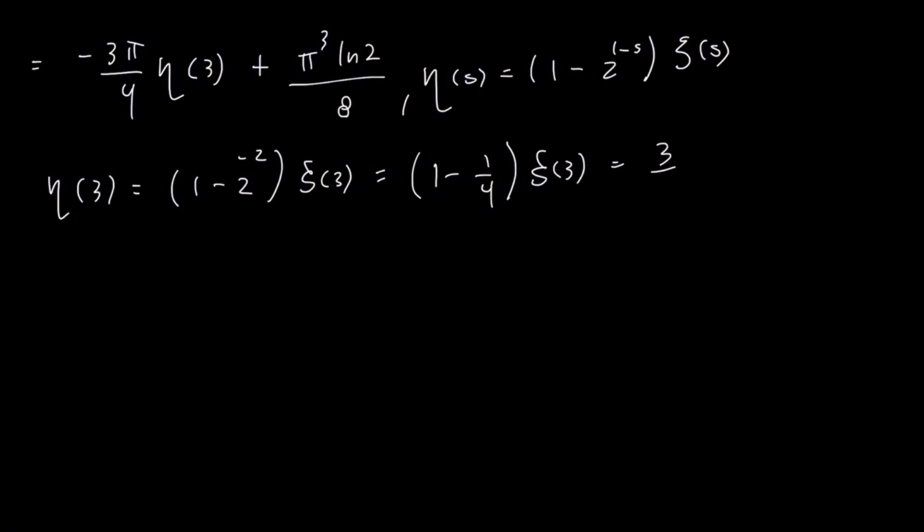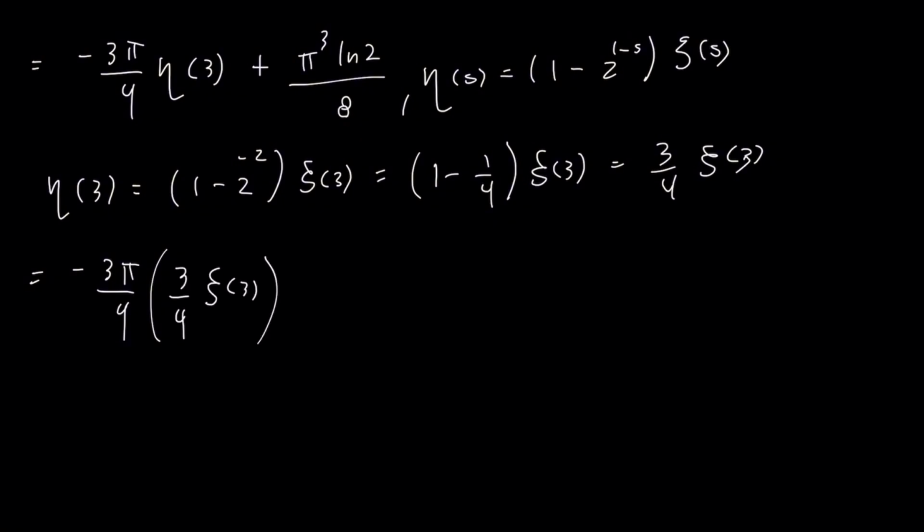So we're going to have a 3/4 zeta 3. So using this information, we have negative 3 pi over 4 times eta 3, but that's 3/4 the zeta function at 3, plus pi cubed log 2 over 8.